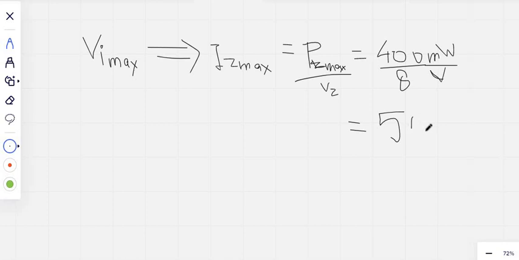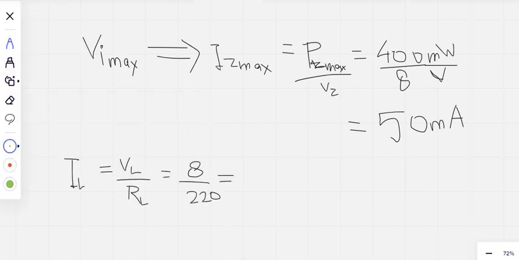Now once we have calculated Iz maximum, let's calculate the value of IL, the current flowing through the load resistor, and all the parameters are fixed in this case. The VL is maintained at 8 volts. Using Ohm's law, we can simply calculate IL. We have VL fixed at 8 volts. RL is given as 0.22 kilo ohm.